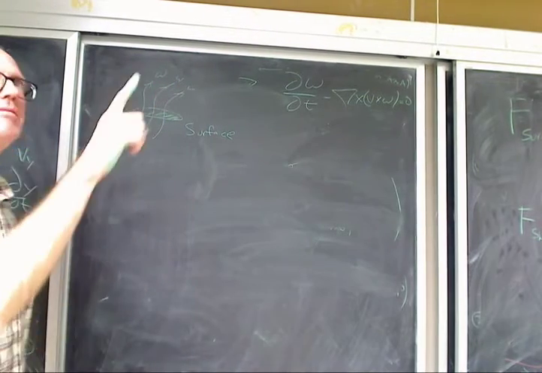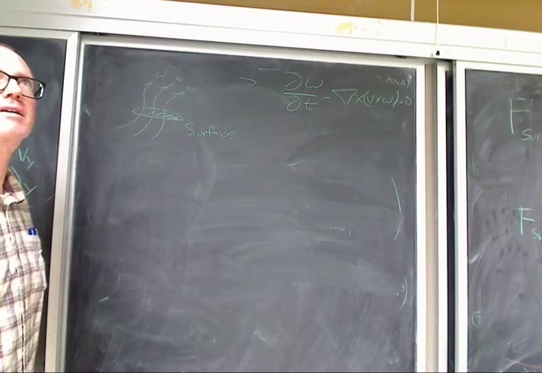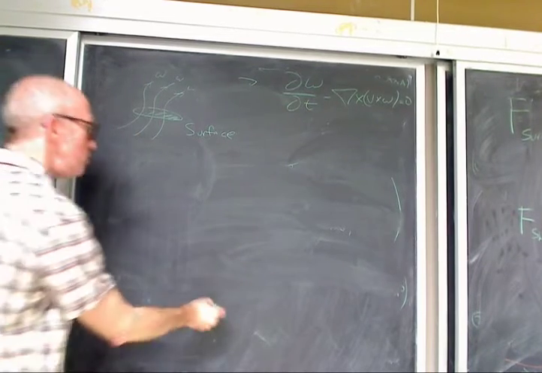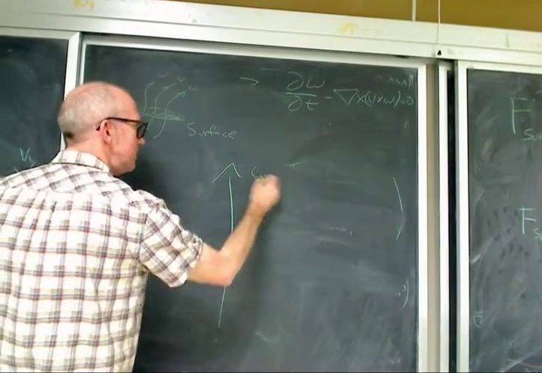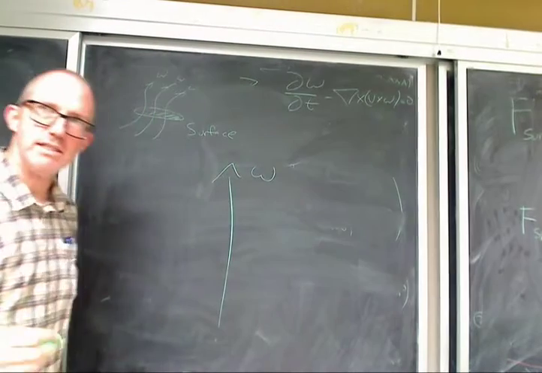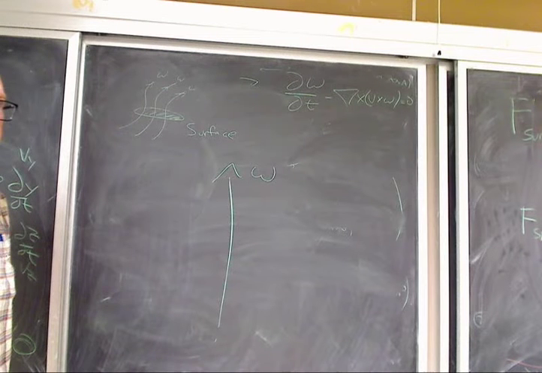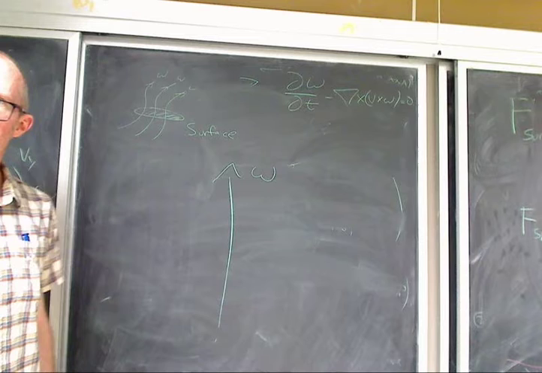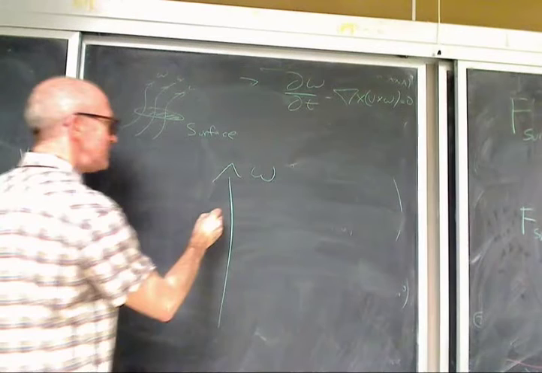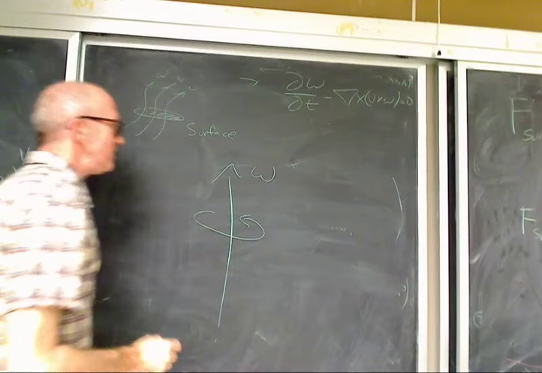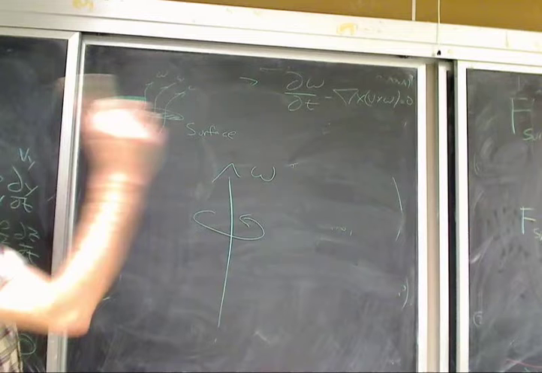Omega going up that way means the velocity is, if I have omega doing this, what is the velocity doing? Yeah, I see you're all doing your right-hand rule thing, right? So it's going to go like this. That's perfect. So the velocity is swirling around.